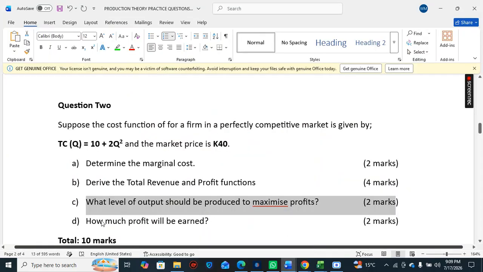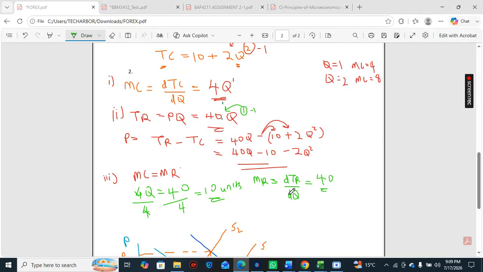In the next part, how much profit will be earned? So if we produce 10 units, how much profit will be earned? So we'll go back to our profit function. P equals TR. Oh, we already have it here. P equals 40Q minus 10 minus 2Q squared.